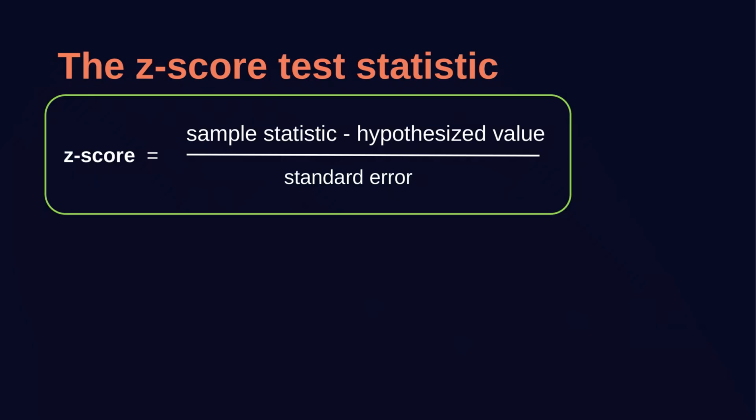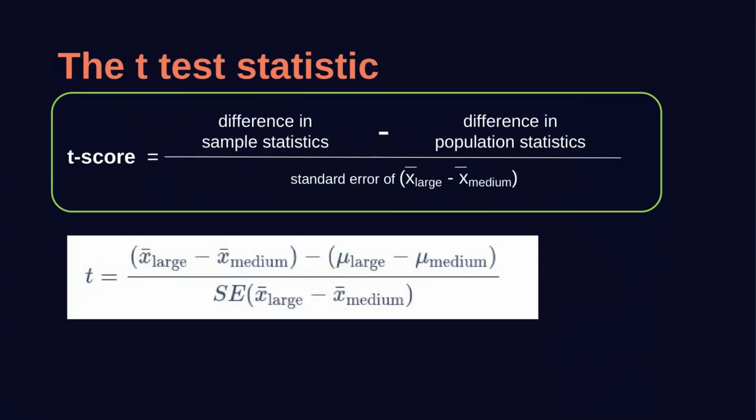Z-scores are calculated by taking a sample statistic, subtracting the population parameter it estimates, and then dividing by the standard error. In the case of comparing two samples, the test statistic, denoted as t, follows a similar formula. We take the difference between the sample means of the two groups, subtract the hypothesized difference in population means, and then divide by the standard error.